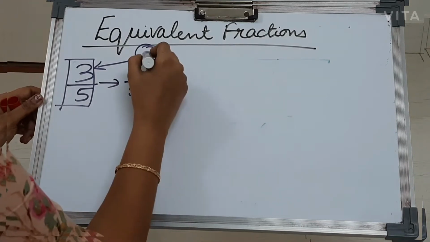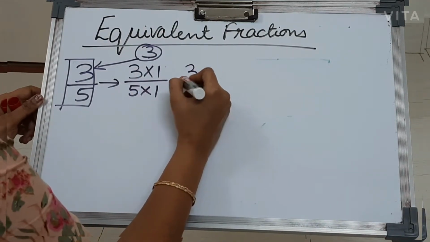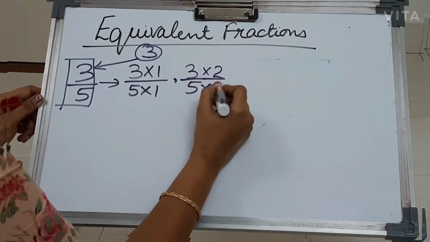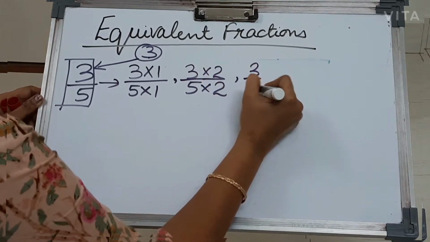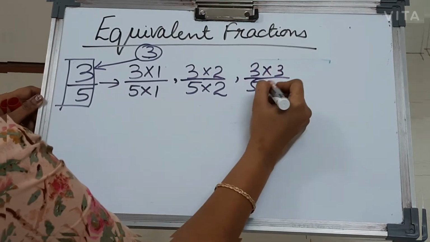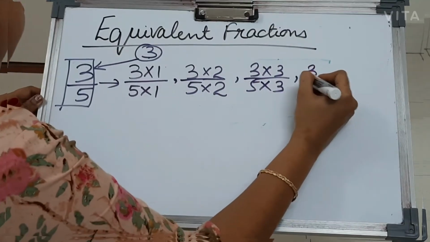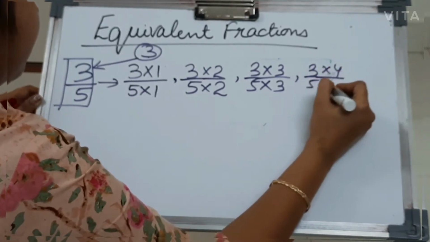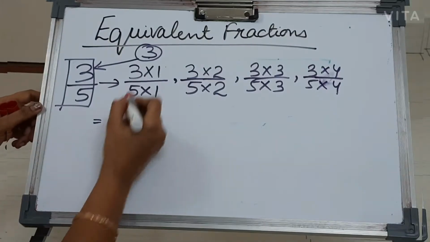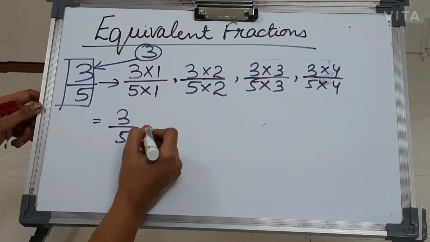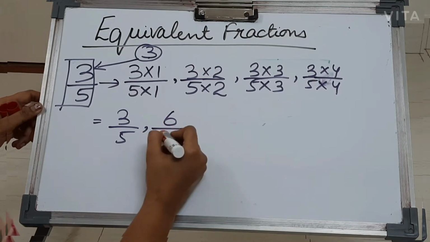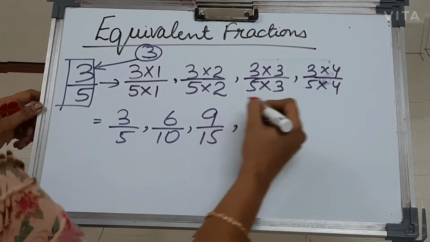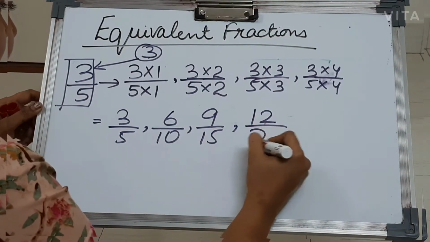We want 3 equivalent fractions for this 3 by 5, so we multiply by 2 and 2, then 3 by 5 multiplied by 3 and 3, then 3 by 5 multiplied by 4. Now we see the answer: 3 by 5, 6 by 10, 9 by 15, 12 by 20.